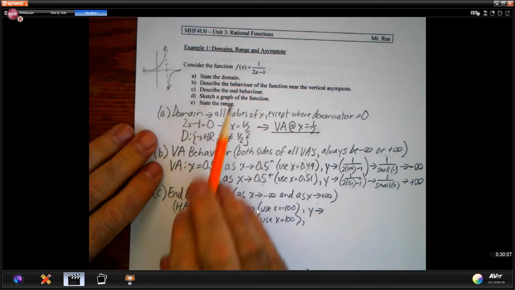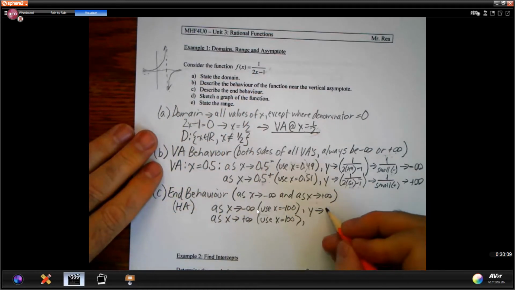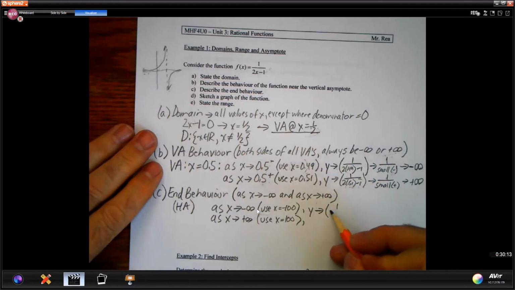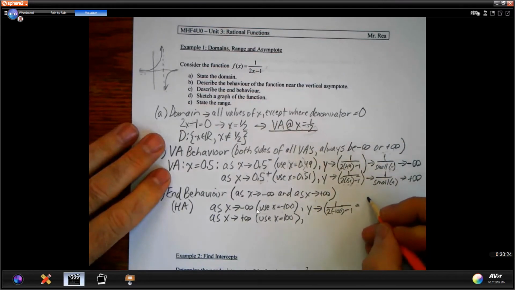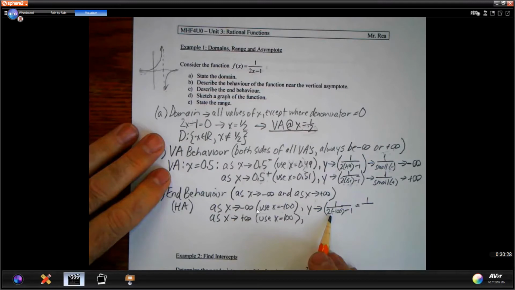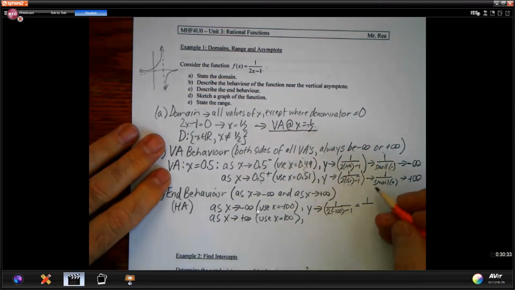All I'm going to do here is plug in negative 100 where I see an x. So that's 1 over 2 times negative 100 minus 1. And if I actually do the math, that's negative 200 minus 1, so that's negative 201.